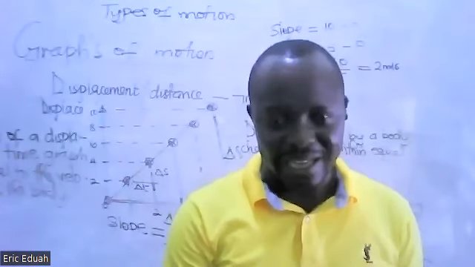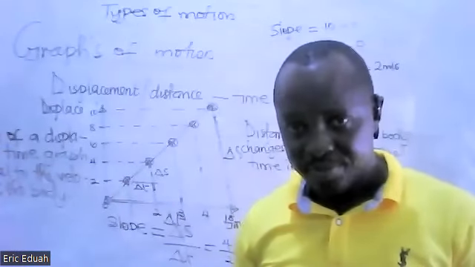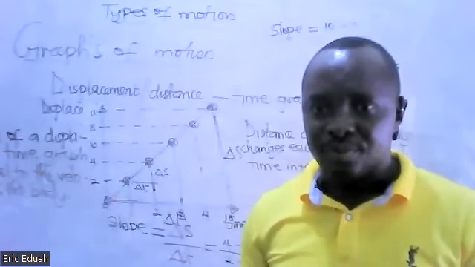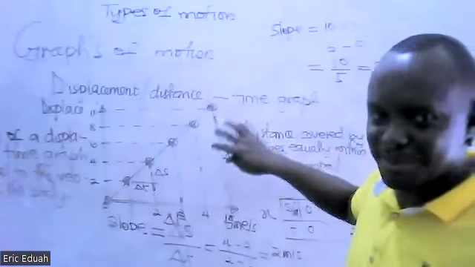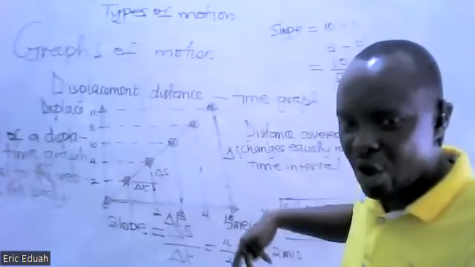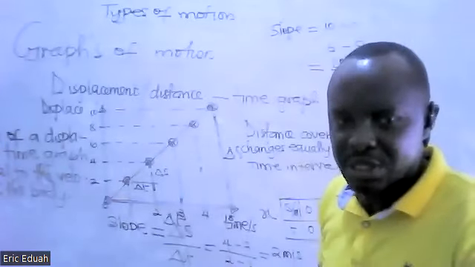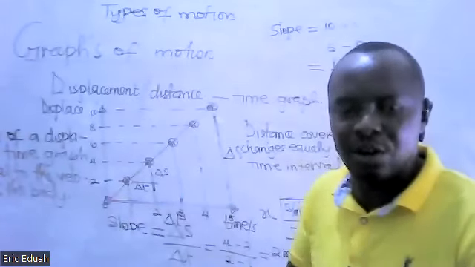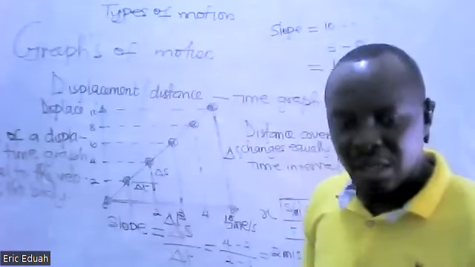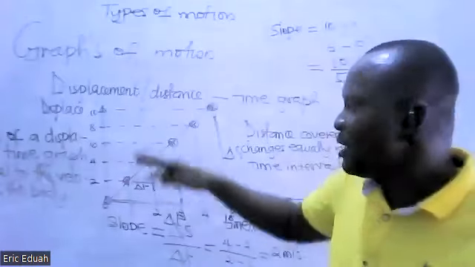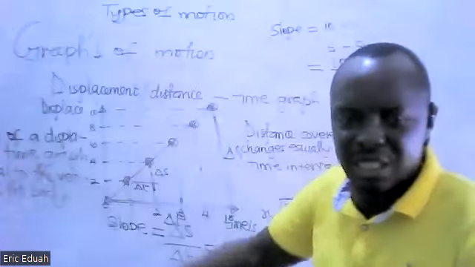Summarize the explanation for the graph, please. If you have a displacement time graph and the body covers equal distances within equal time intervals, such motion is said to be uniform velocity motion. In uniform velocity motion, the slope has the same value along the straight line.